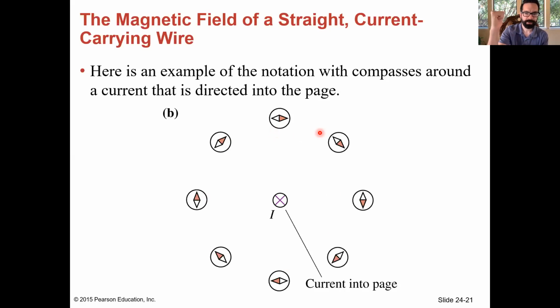This is that shortcut where you don't have to do the cross product for every single point around it. You could just do this, and you see that you get a clockwise rotation.